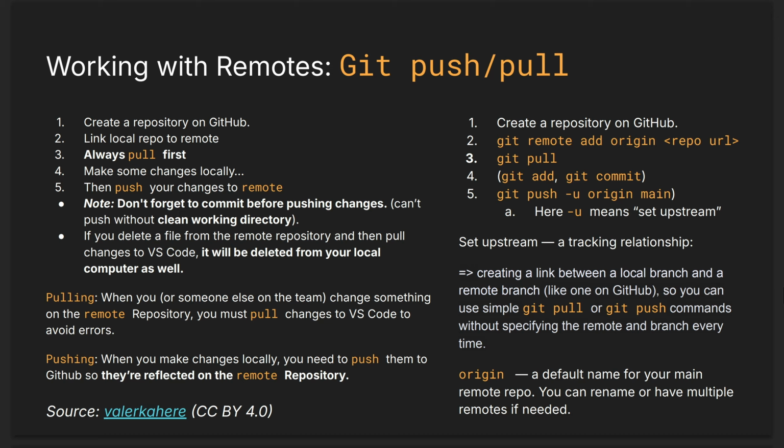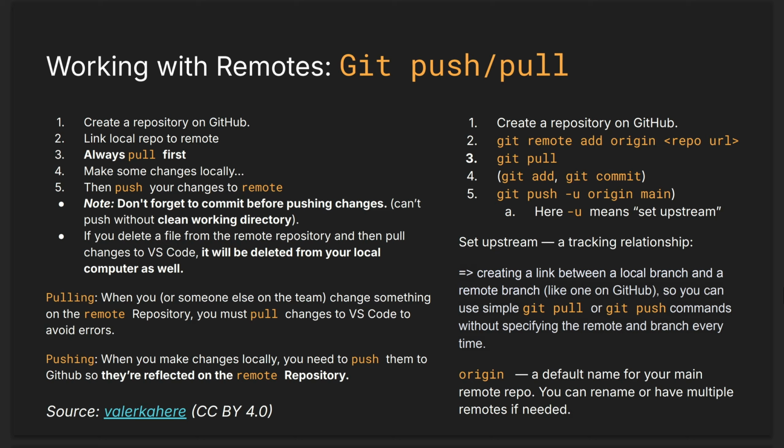We take them from the GitHub repository to our local repository, so it's reflected on both repositories. So pulling is when you change something on the remote repository, you must pull changes to VS Code, simply take them from remote to your local repository, and push, when you make changes locally, you want to push them to the remote repository, so the remote repository is the same as your local one.